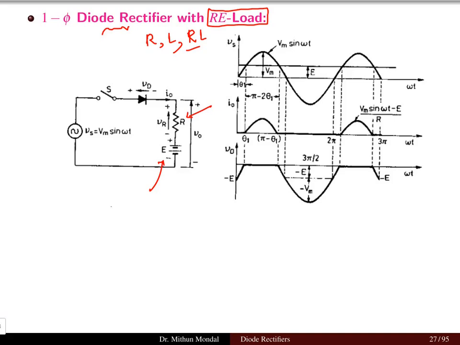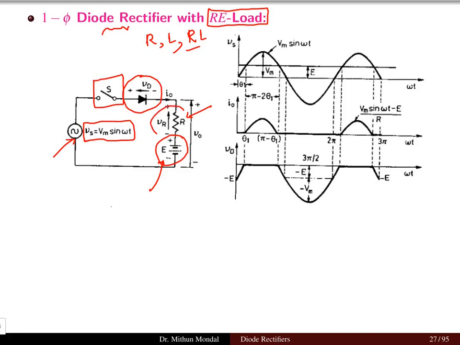So the DC source is basically represented with a battery denoted by E. The source that we have is a single phase source given by the sinusoidal input, which is Vs equal to Vm sin omega t. As it is a half wave rectifier, we will have only one diode connected in the circuit with the help of a switch, so that we have full control over the connection and discontinuity of the circuit.